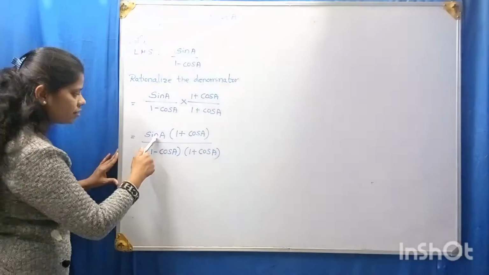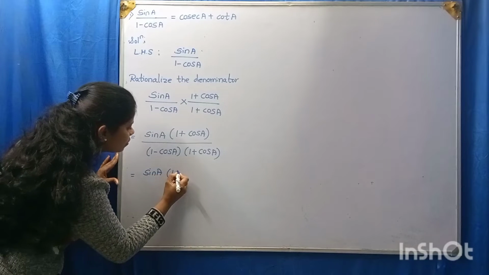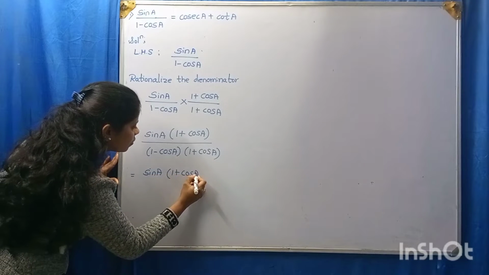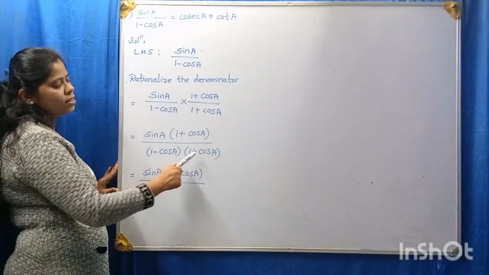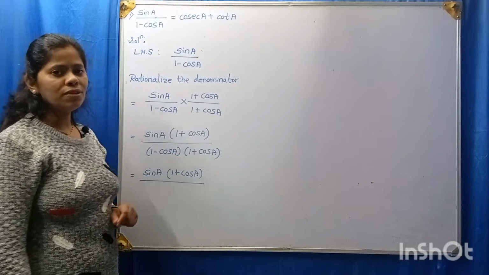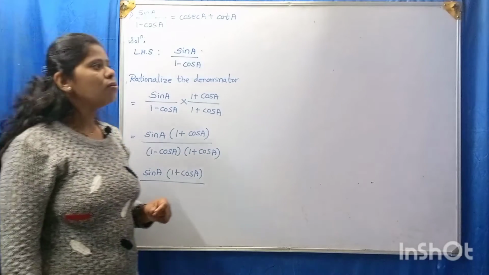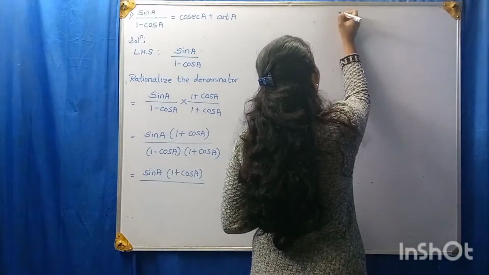Let me write this one as it is: sin A into 1 plus cos A. Now look at this: 1 minus cos A into 1 plus cos A. It is in the form of A plus B into A minus B. Therefore, we can apply the formula. What is the formula?